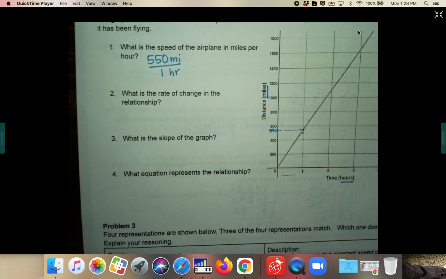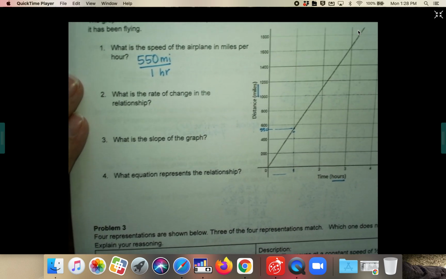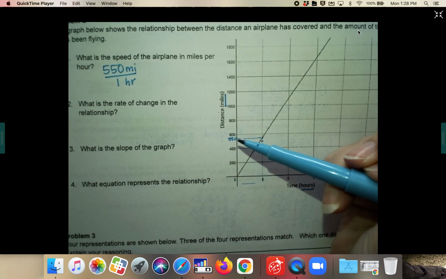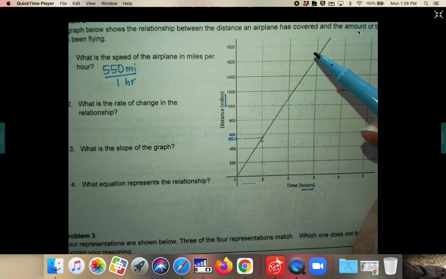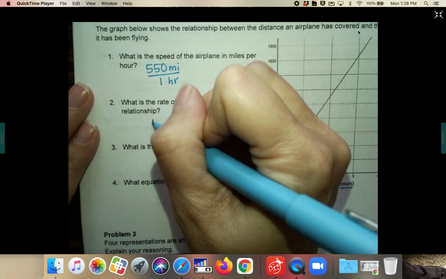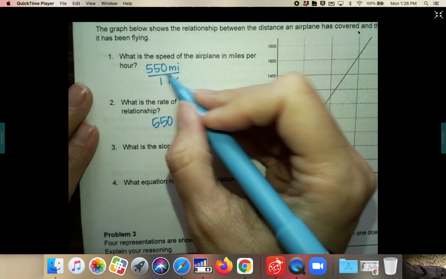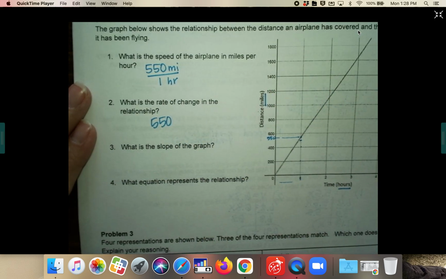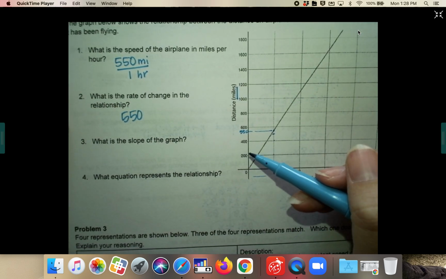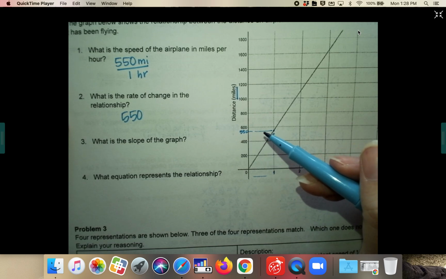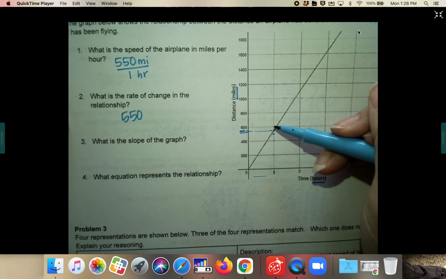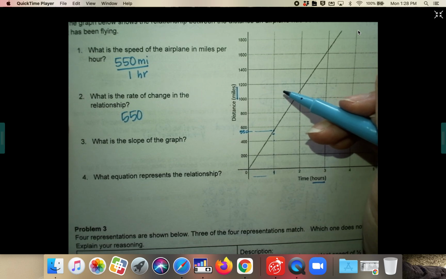Okay, what's the rate of change? Well, the rate of change just means how many miles per hour is it. So the rate of change would be 550 because that's miles per hour. And so what is the slope? Guess what? Every 550 I go up, I'm going to go over 1. I would go up about 550 more and go over 1 more.